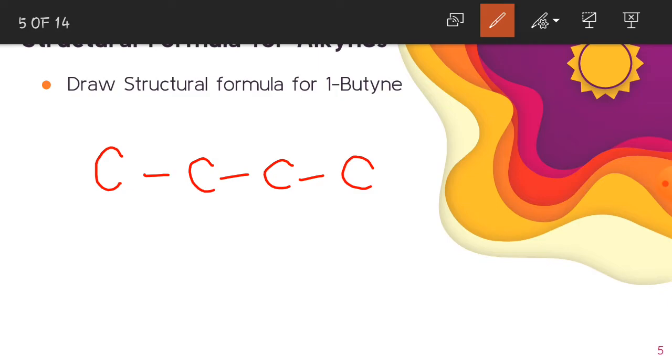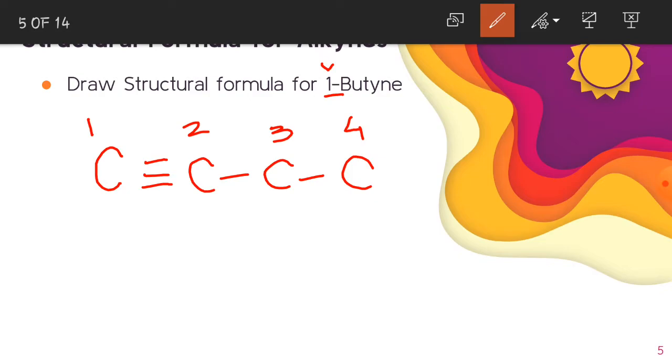After drawing 4 carbon atoms, let's number each carbon atom. After numbering the carbon atoms, we will see that the triple bond is attached to which carbon. Here 1 is mentioned, so this means that the triple bond is attached to carbon number 1. So we will draw a triple bond here.